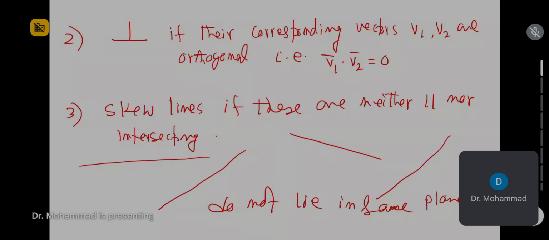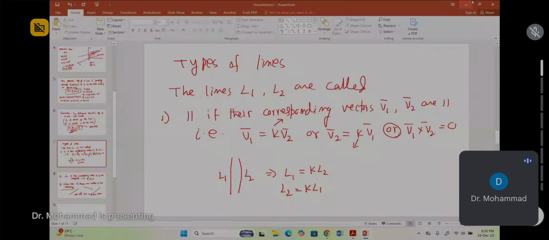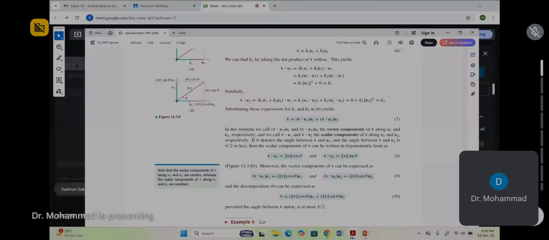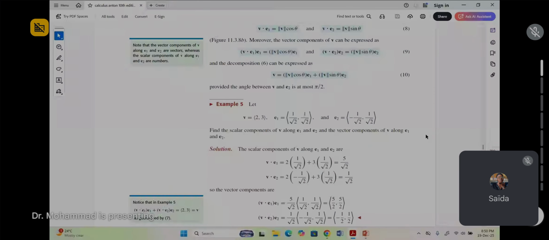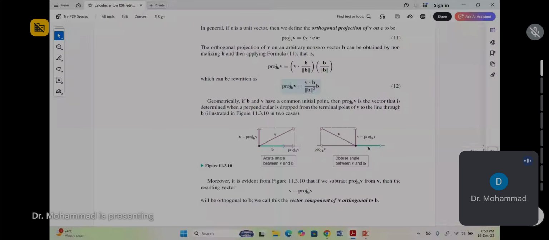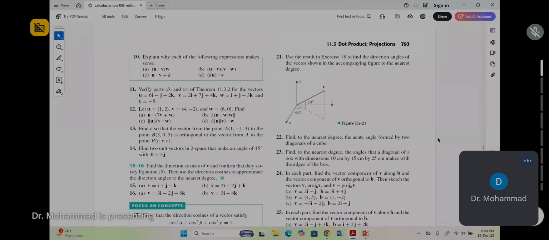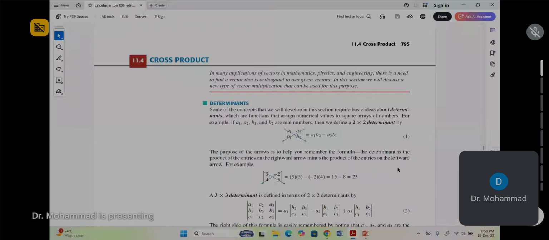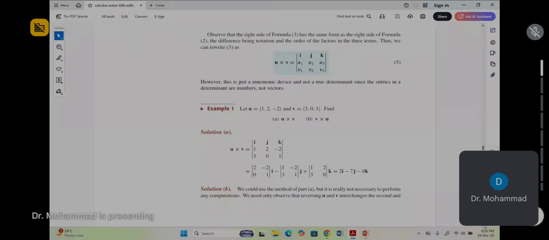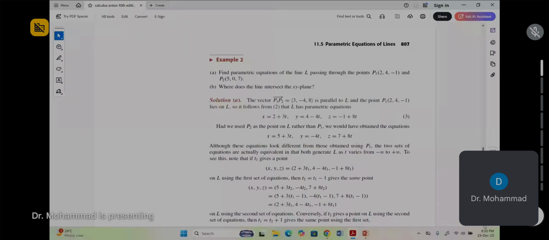So now I'm going to take some examples from the textbook. Please open the book and go to chapter 11.5.